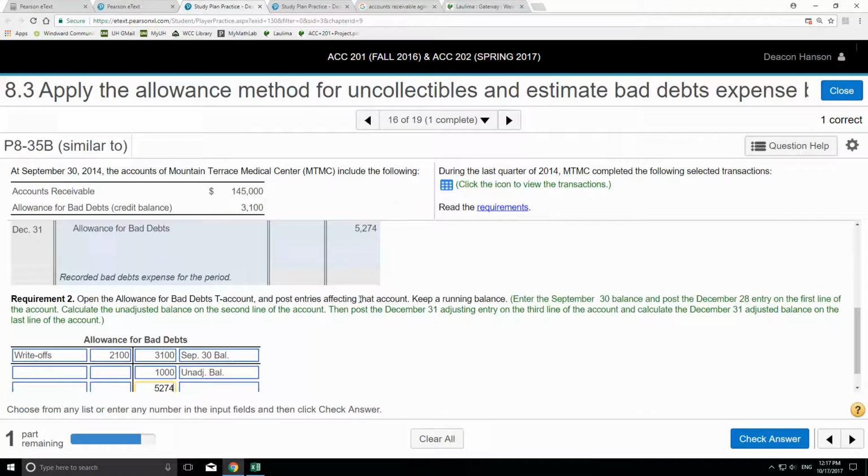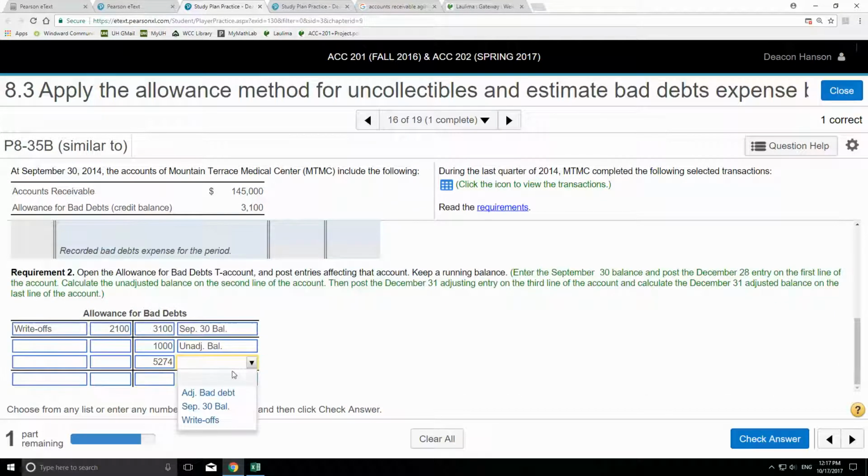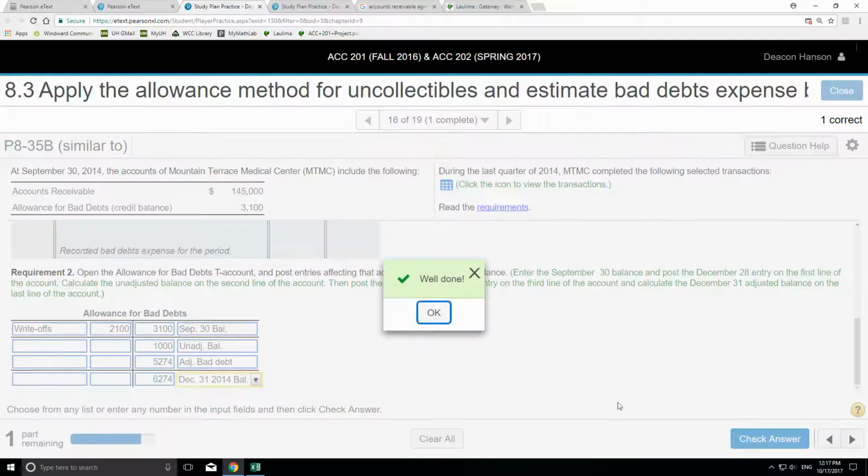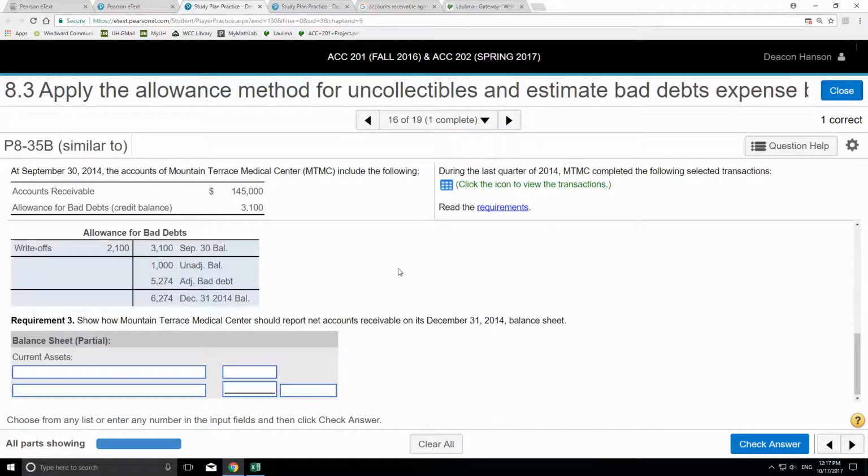I think it was 5,274, right? Yeah, this is the bad debt adjustment. And then we're going to have a new balance of 6,274. This is our December 31st balance. And we got it. Okay.